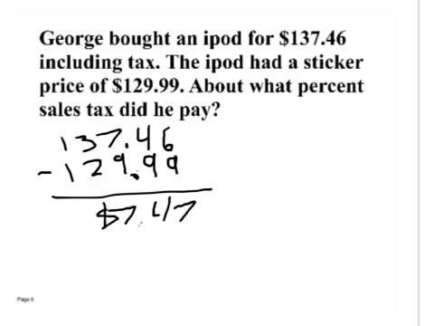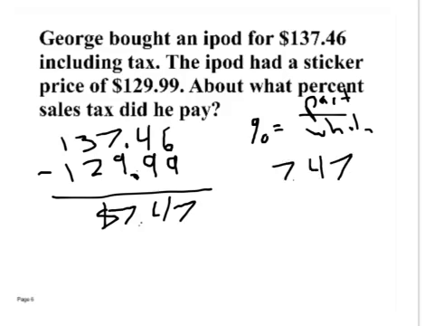But it's asking what percentage did he pay? Well, we know to find percent, we take the part and divide it by the whole. So I take 7.47 and I divide it by the whole.